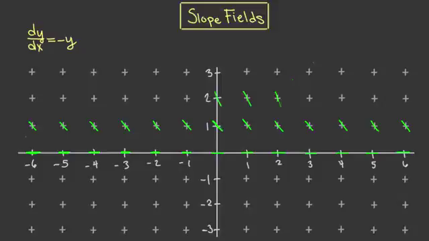And the slope is -2 for all grid points with y-coordinate 2. Let's look at the point (0, -1). Here the slope is going to be positive 1, and the trend continues for all the points along the line y = -1. Slowly, we can fill in the slopes at all of these grid points.